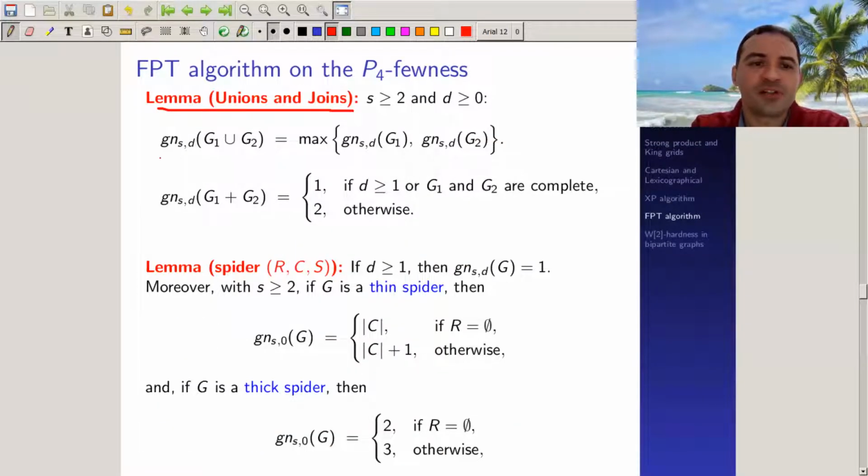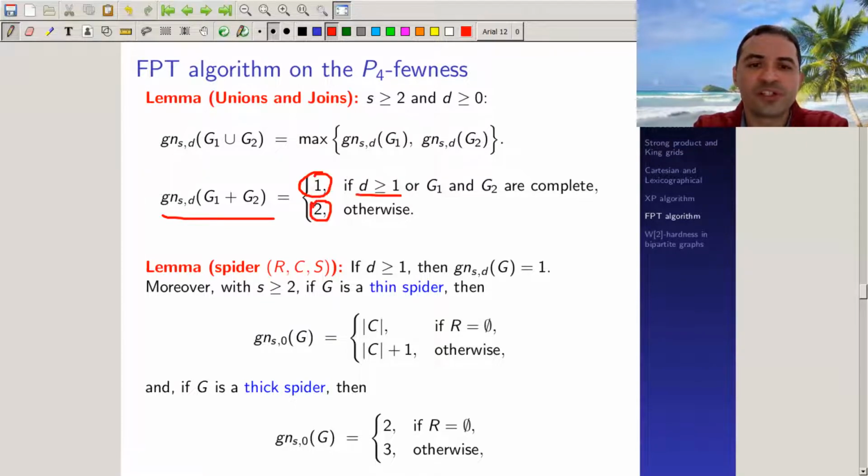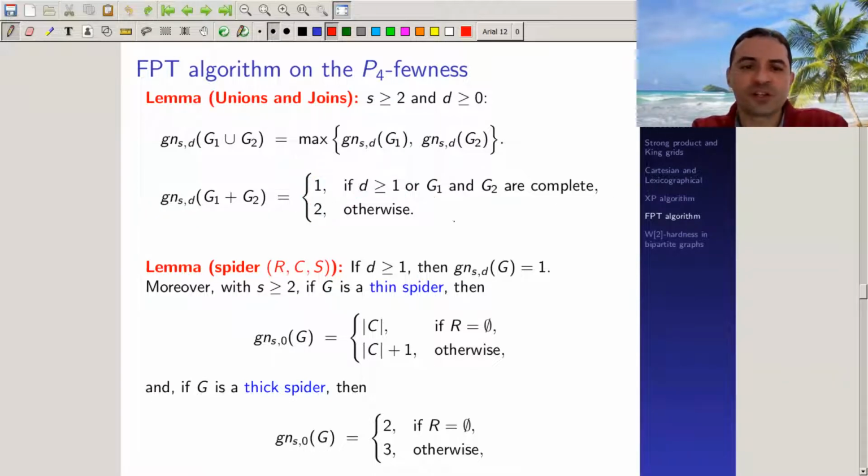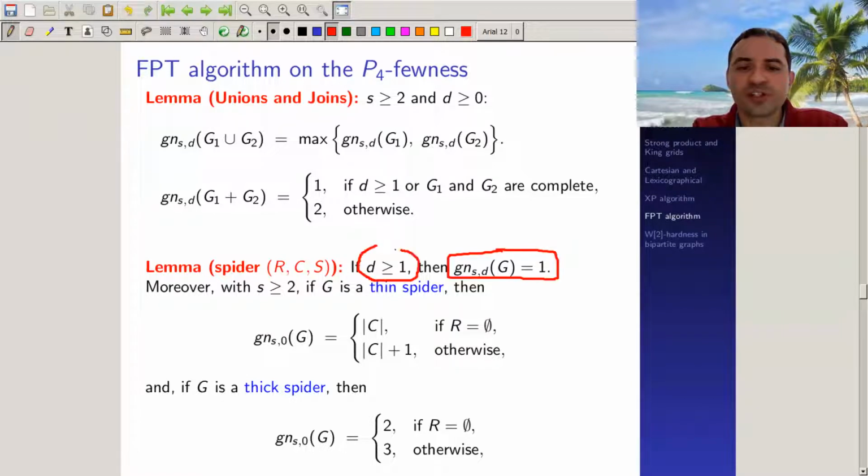Our first lemma: the guard number of the union of two graphs is the maximum among the guard numbers. The guard number of the join of two graphs is 1 or 2. It is 1 if the surveillance distance is at least 1, or G1 and G2 are complete, and 2 otherwise. If a graph G is a spider, the guard number is 1 if the surveillance distance is at least 1.